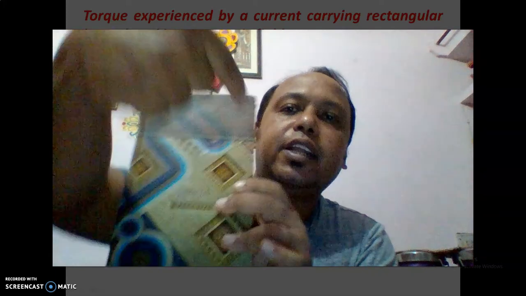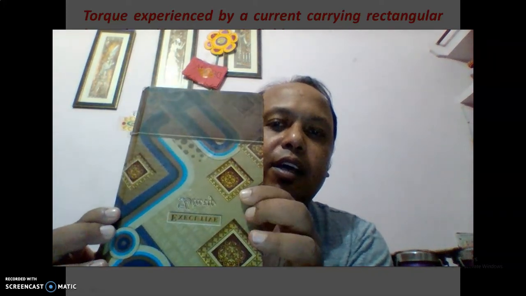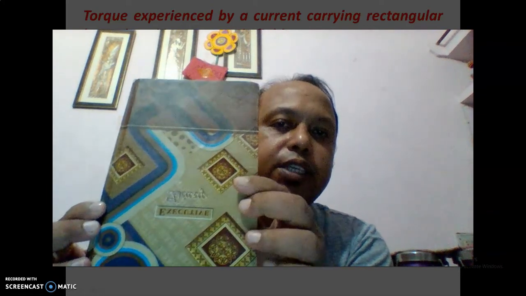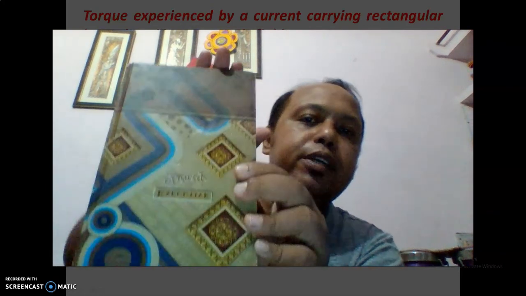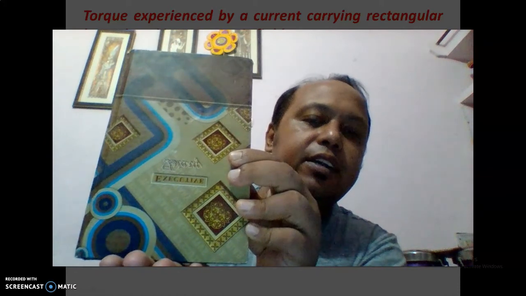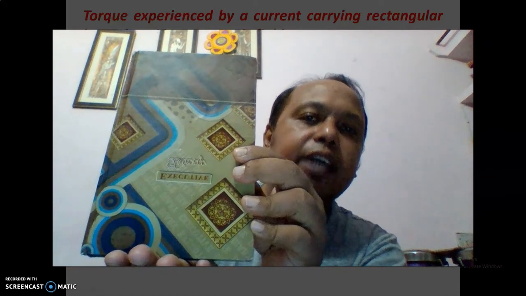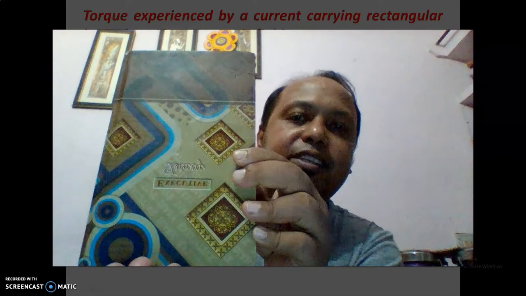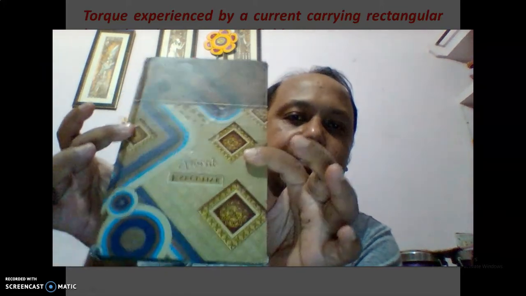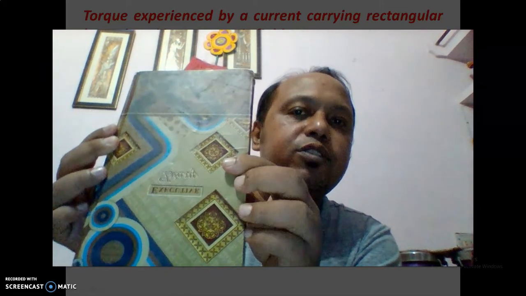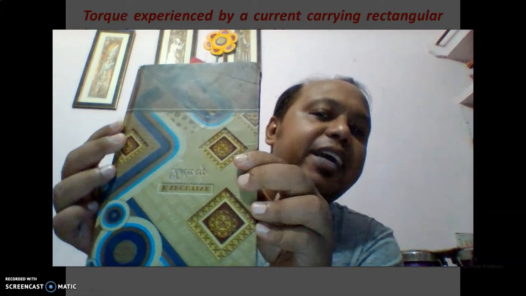Because there are 4 sides of this rectangular coil which actually represent the 4 lengths, in each of the length elements we will have a force which will be given by BIL sine theta.